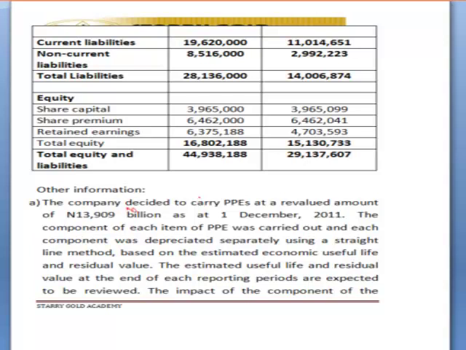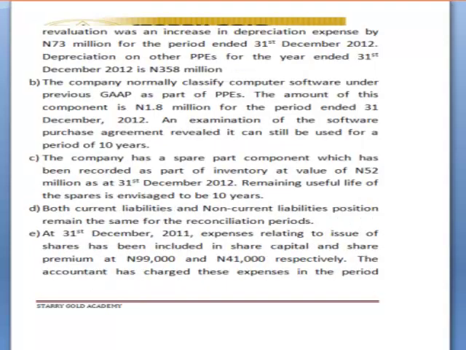The estimated useful life and residual value at the end of each reporting period are expected to be reviewed. The impact of the component revaluation was an increase in depreciation expense by 73 million naira for the period ended 31st December 2012. Depreciation on other PPE for the year ended 31st December 2012 is 358 million.